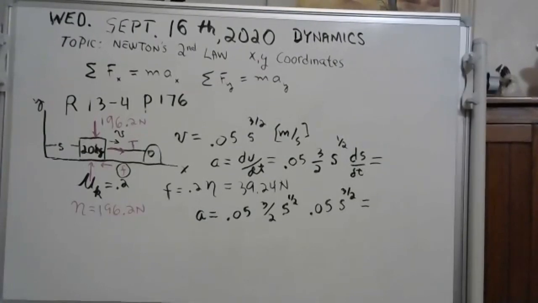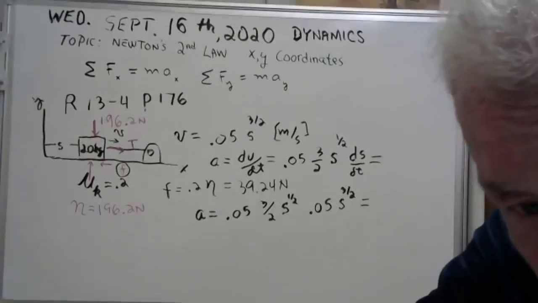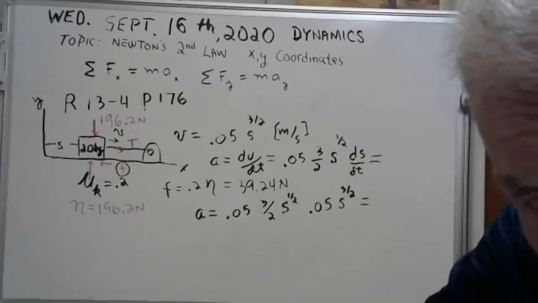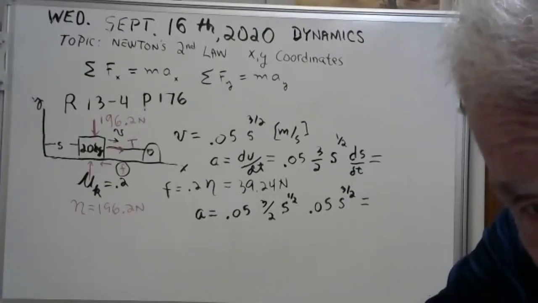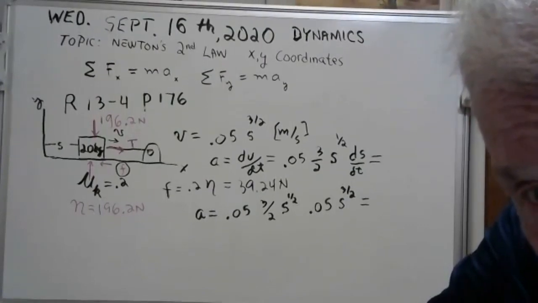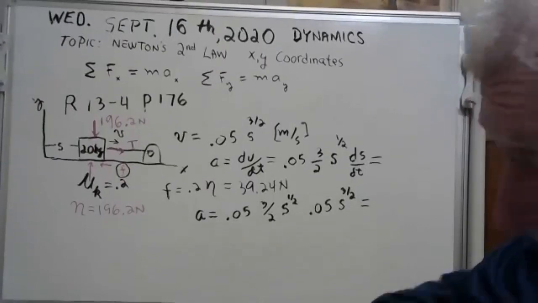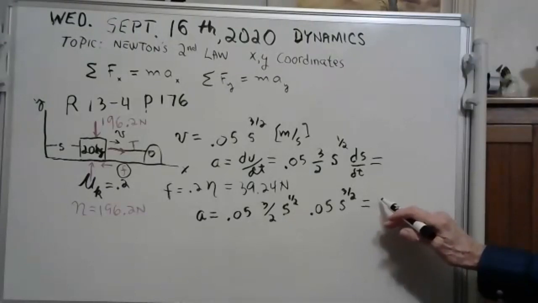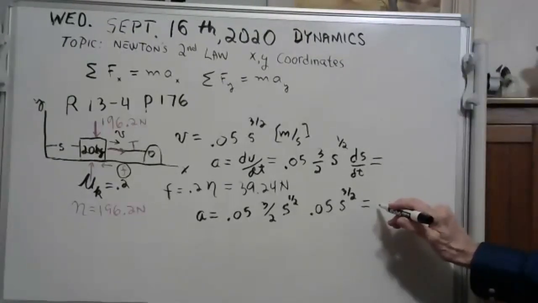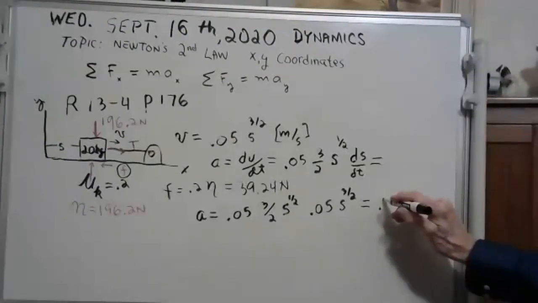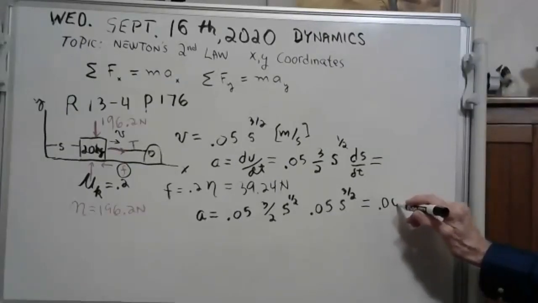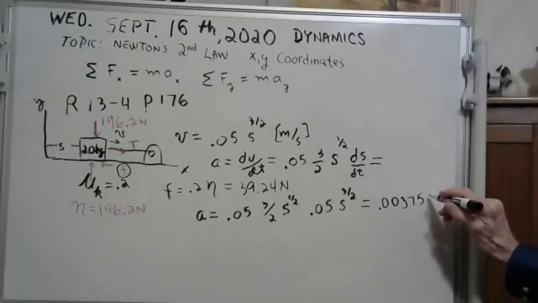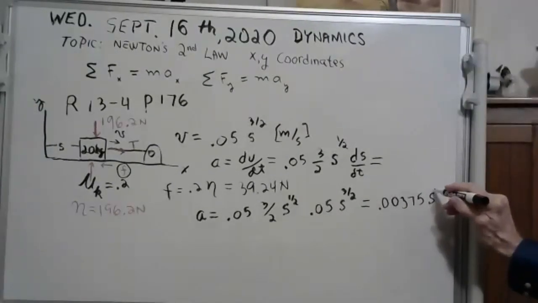Okay, make it pretty. Let me go to one of my wonderful students here. Hey, Braxton, unmute, and say hi. Hello, Braxton. When you clean this up and make it pretty, what do you get? 0.00375 s squared. That's exactly what I got. 0.00375 s squared.